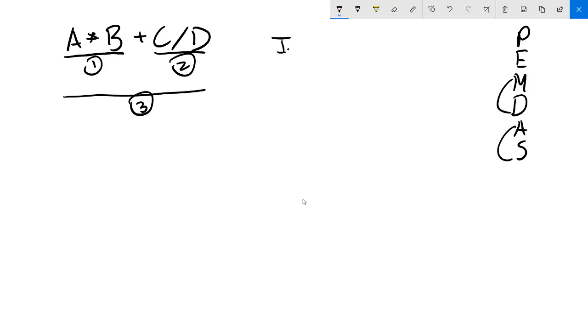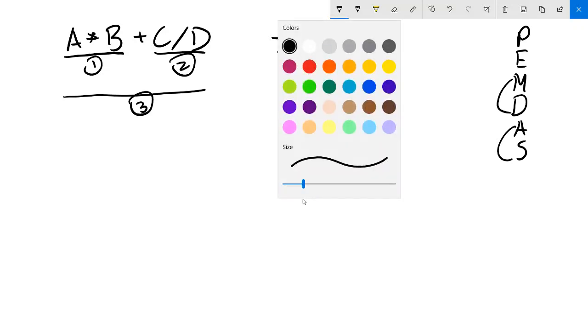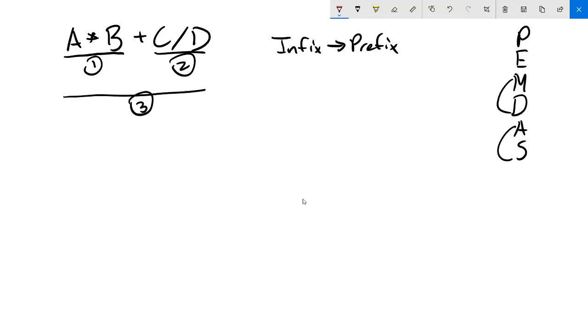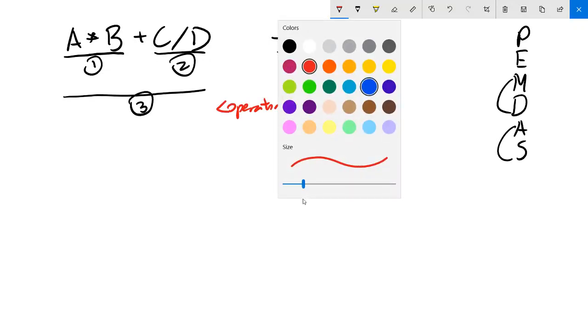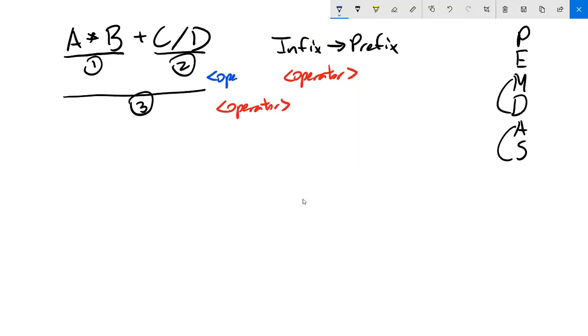So can we convert this infix problem into a prefix problem? Now remember, all we have to do is change this format into this format, where the operator goes from in between the two operands and it goes in front of the two operands.